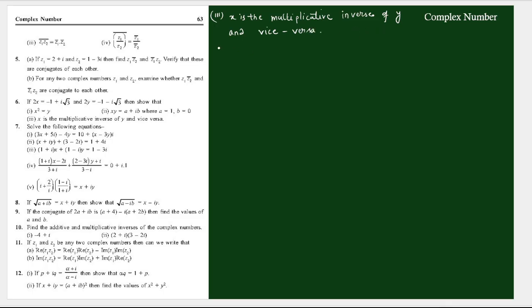That means y is also the multiplicative inverse of x. So we need to prove it 2 times. First, x is the inverse of y, then we have to show y is the inverse of x. That means x is equal to 1 by y, the multiplicative inverse of y. And similarly, y is also 1 by x. This one we need to solve.